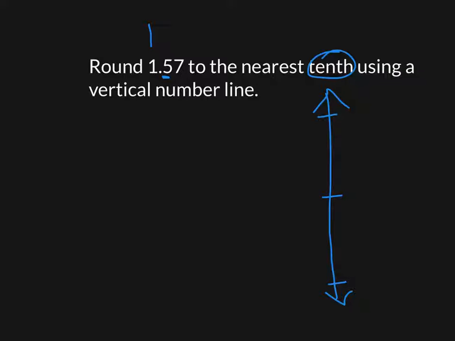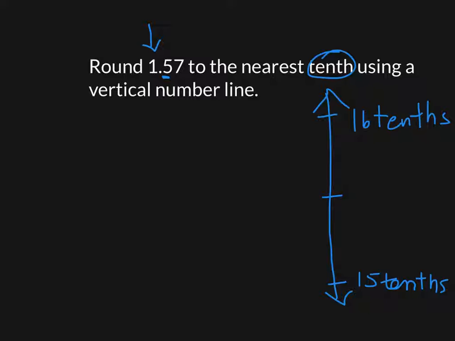There's a 1 in the ones place, and I know that there are 10 tenths in every one. So if I add that onto the 5 that's already in the tenths place, I have 15 tenths. So that will be my minimum, and my maximum will be one more than that, 16 tenths.